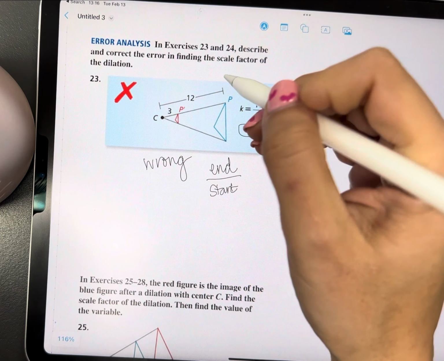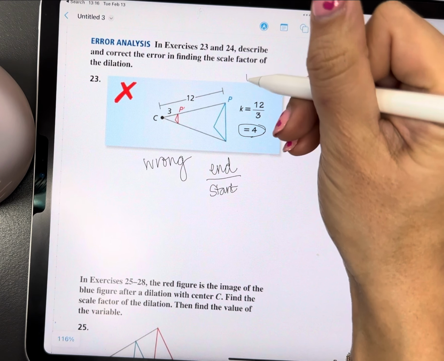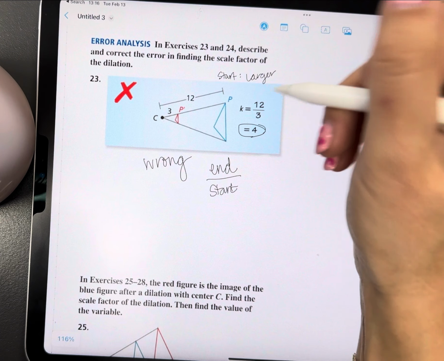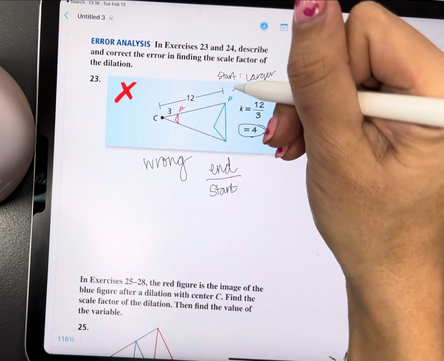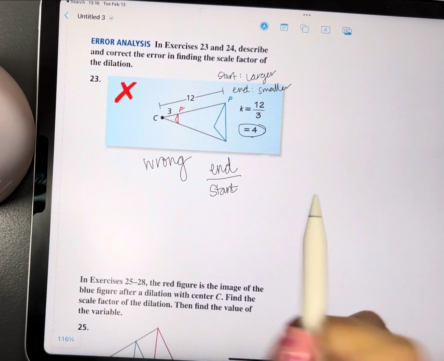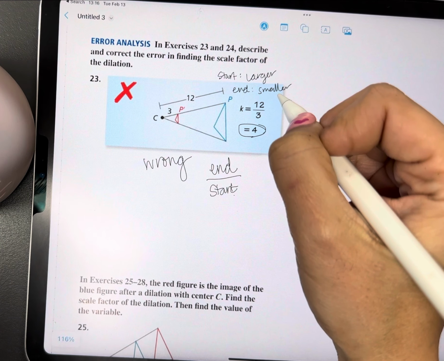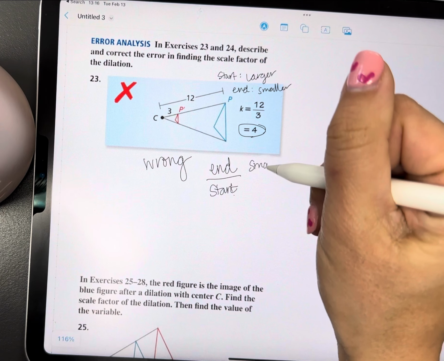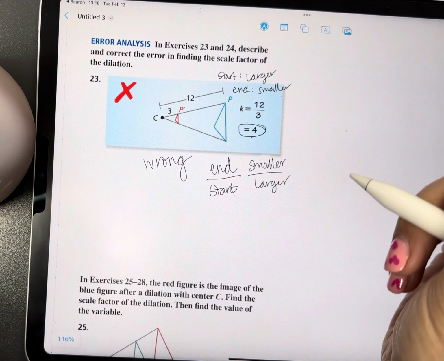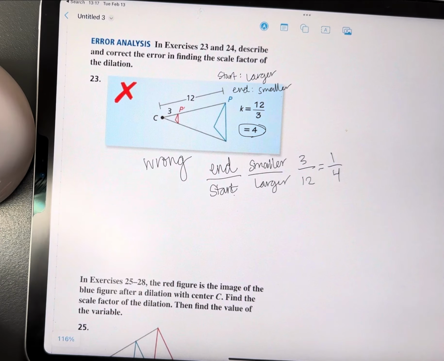In this problem, P, the larger, is where we started. And then P prime, the smaller, is where we ended. So they should have put end to start, they should have put smaller over larger, which means that they should have done 3 over 12 or 1 over 4.